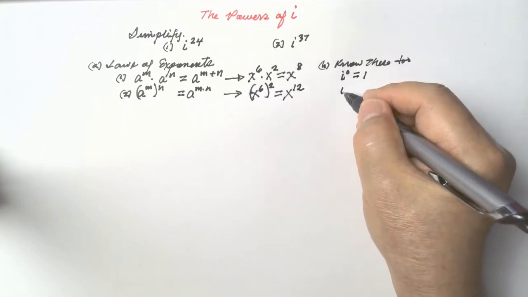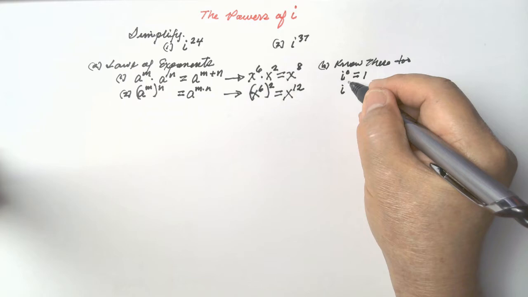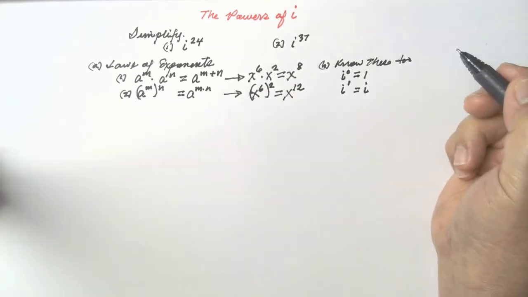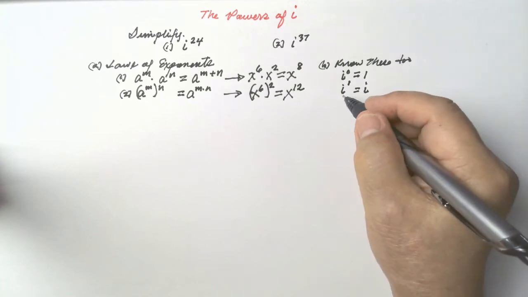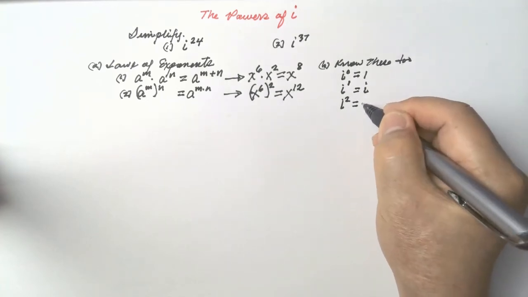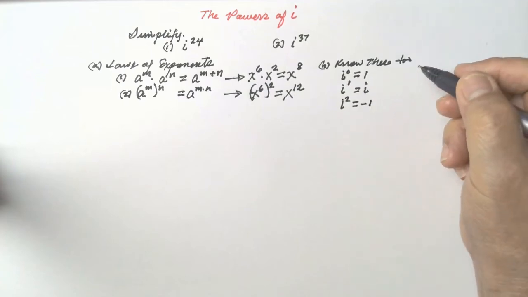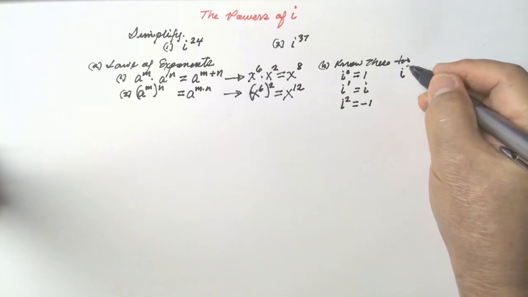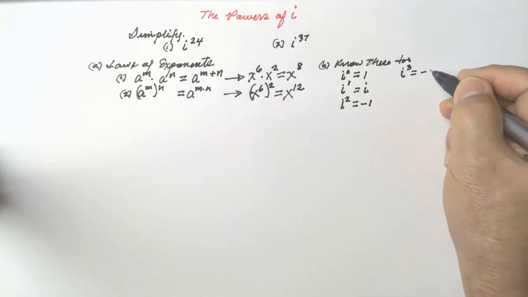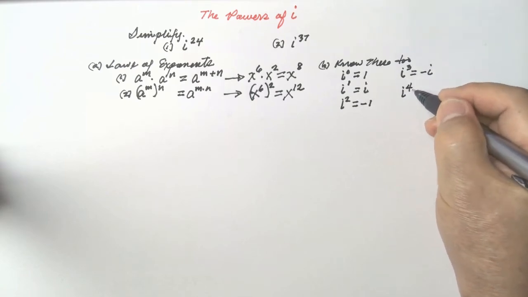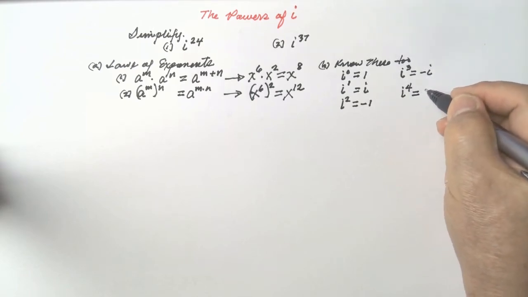I raised to 1 is equal to itself, I. I square is equal to negative 1. I cube is equal to negative I, and I raised to the exponent of 4 is equal to 1.